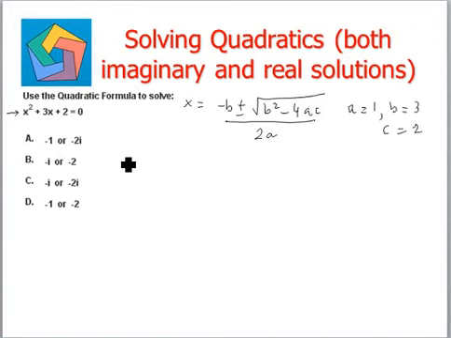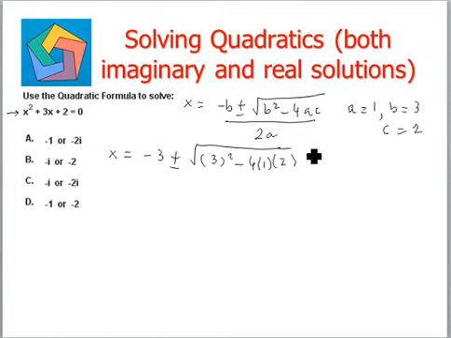So we'll plug in the values now. x equals negative b plus minus the square root of b squared, that is 3 squared, minus 4 times a times c, that is 2, divided by 2 times 1.